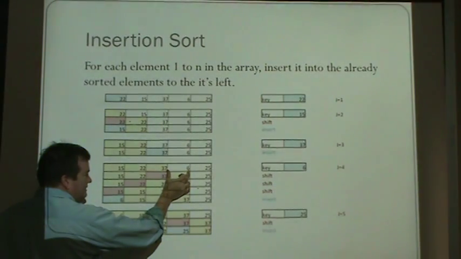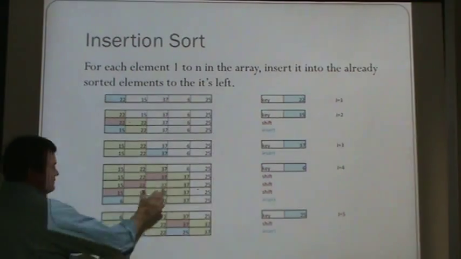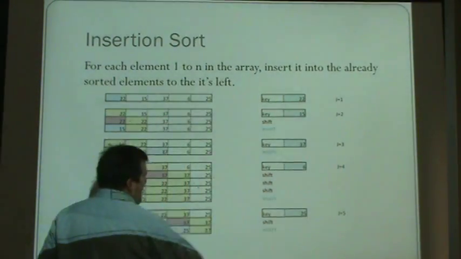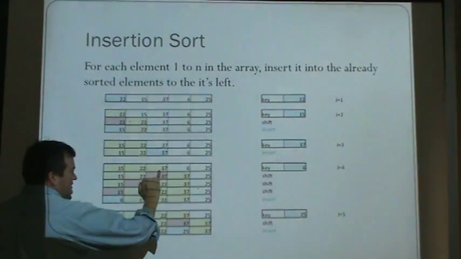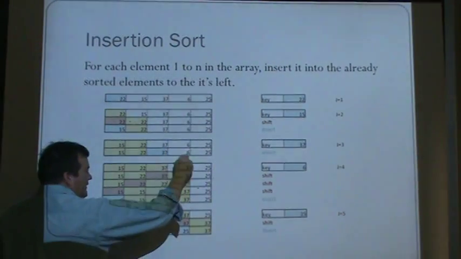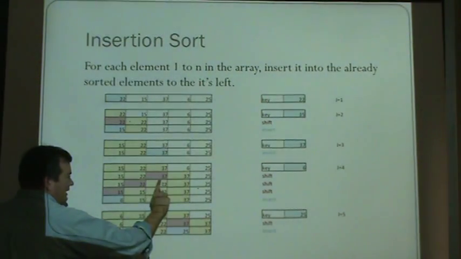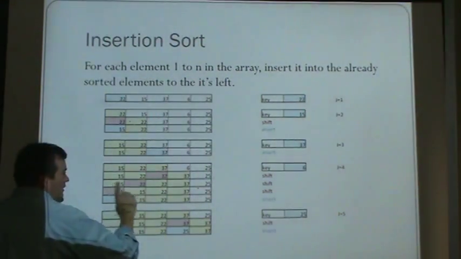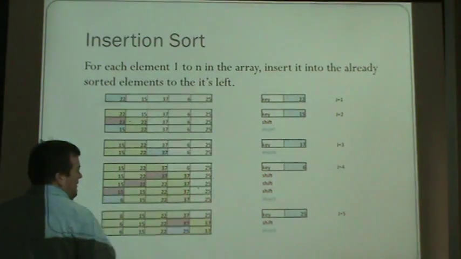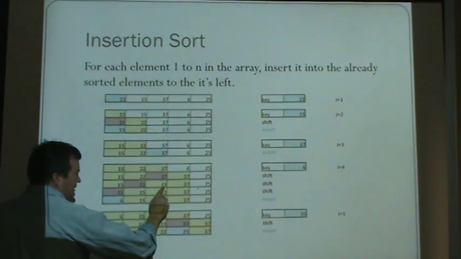We're now trying to put 6 in this array in its correct spot. We copy 6 into the key field, and then we compare 6 to 37, and if 37 is more than 6, we copy 37 up one level. Then we go to the next one. So we have an index that's going down, while another index is going up. 22 is more than 6, so it gets copied up to this field.